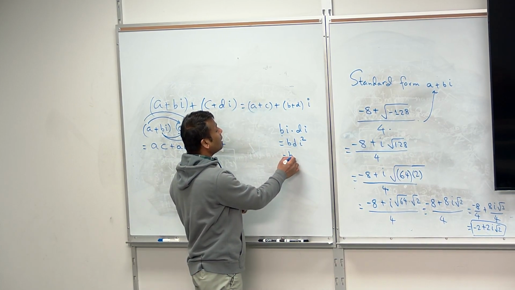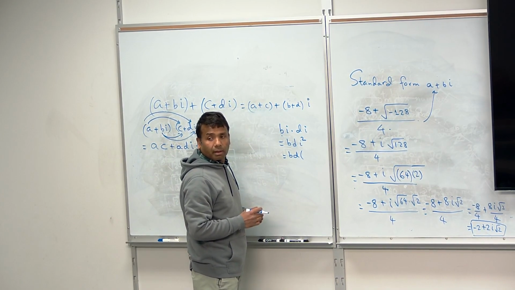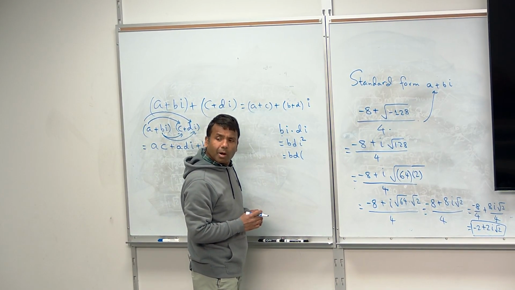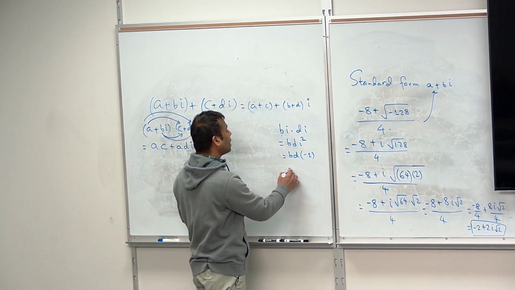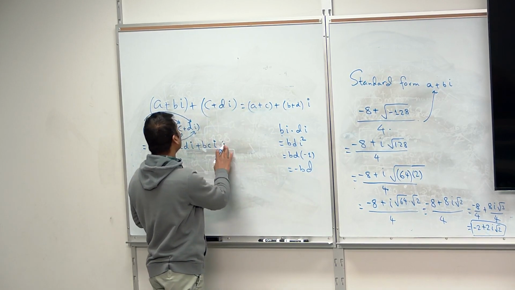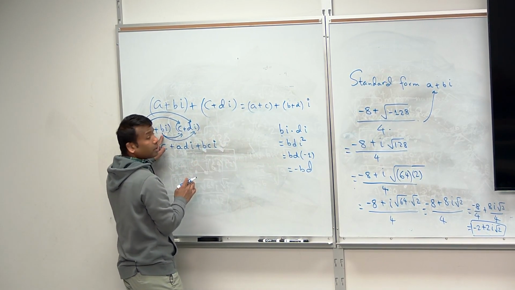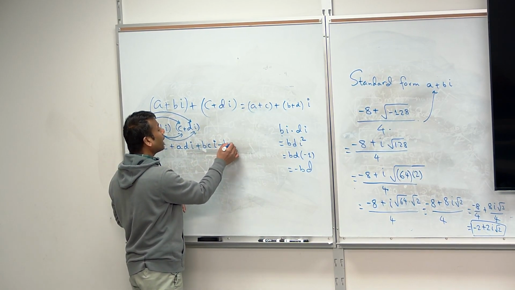So this is bd, and what is the value of i squared? Negative 1. So this is negative bd. bd times negative 1 is negative bd. So when you multiply positive bi with positive di, you will get negative bd.